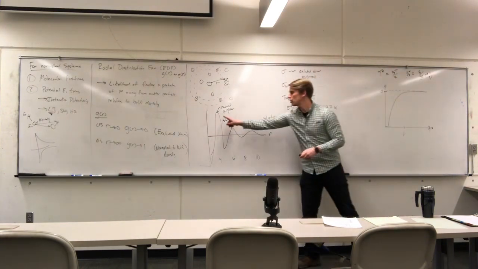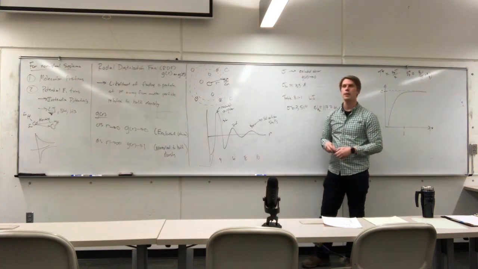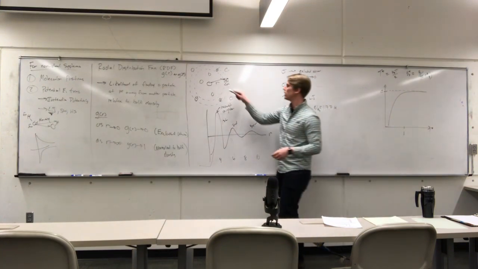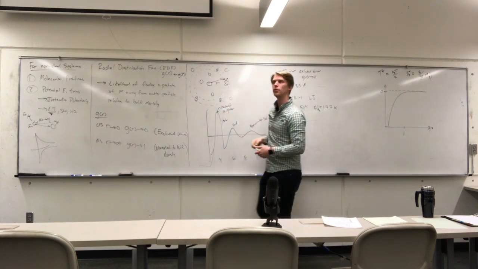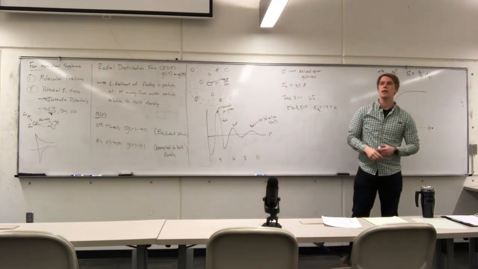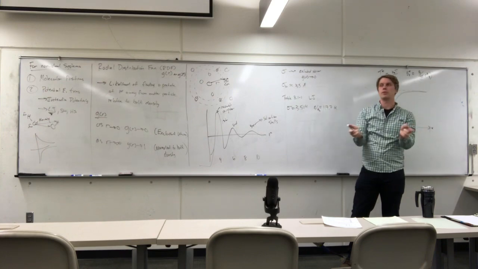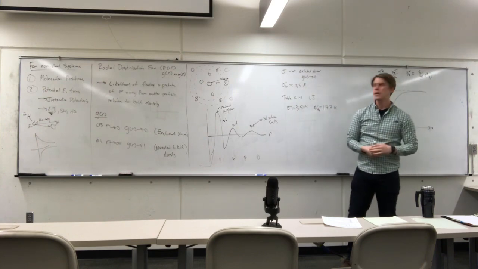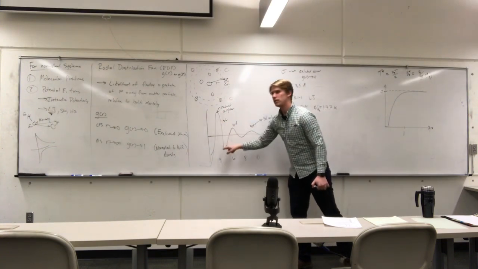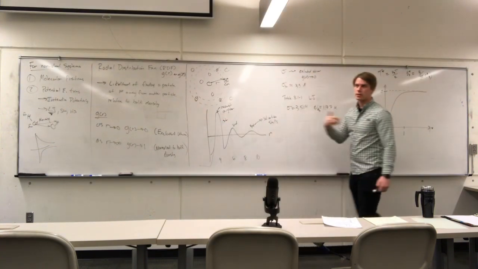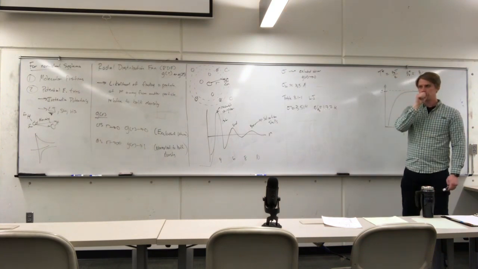Now you still will get a drop-off, and that's just because of how we calculate it, because as you get to a larger and larger volume element in your radial distribution function calculation, you're just capturing more and more particles, so eventually you will decay down to the bulk value. But for a crystal, you get sharp peak, sharp peak, sharp peak, and the intensity and the position of the peaks tell you exactly what the crystal structure is.